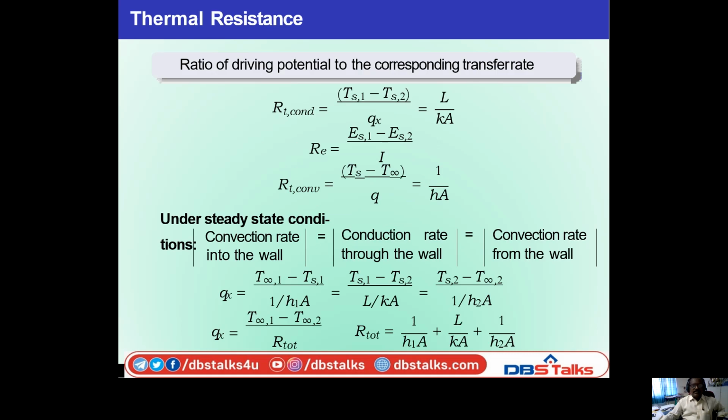Under steady state condition, the rate of heat transfer through convection on the hot side equals the rate of heat transfer through conduction through the wall, which equals the rate of heat transfer by convection on the cold side. The rate of heat transfer is equal everywhere.